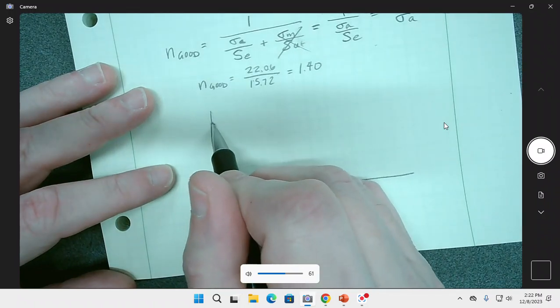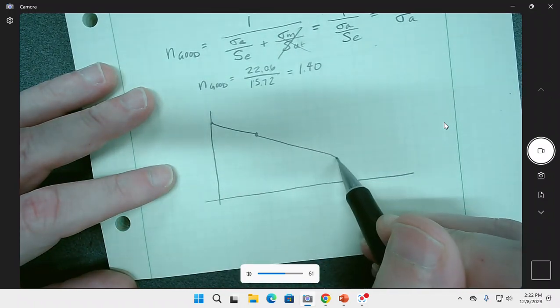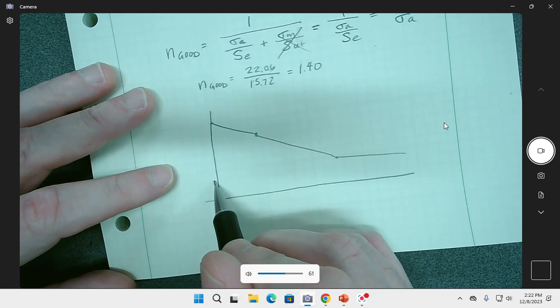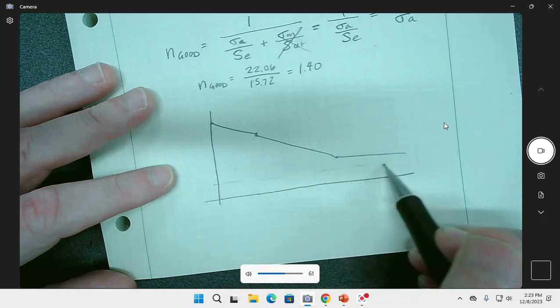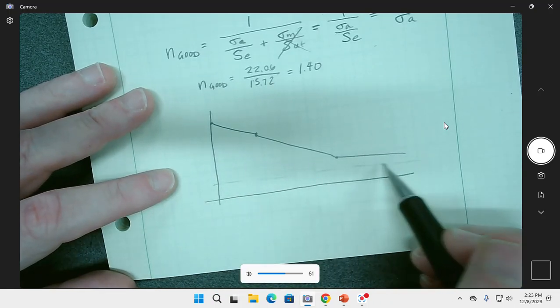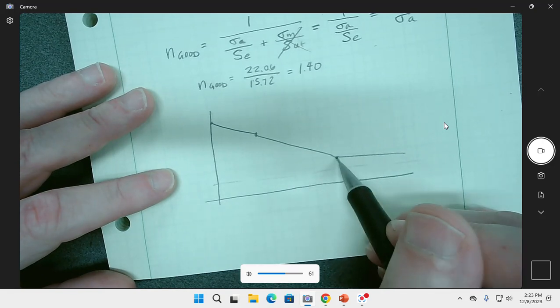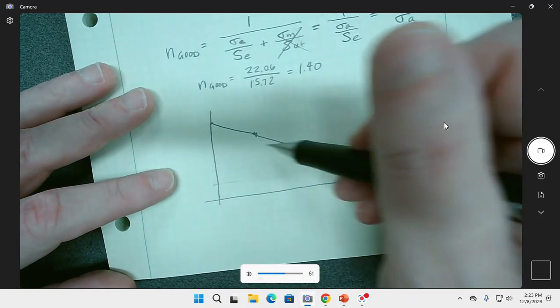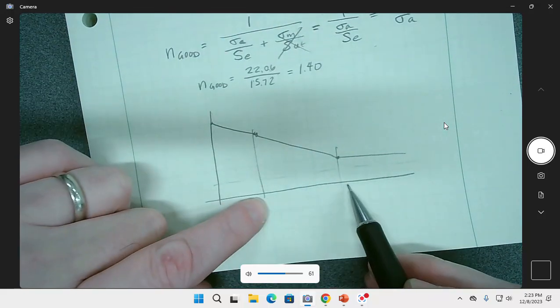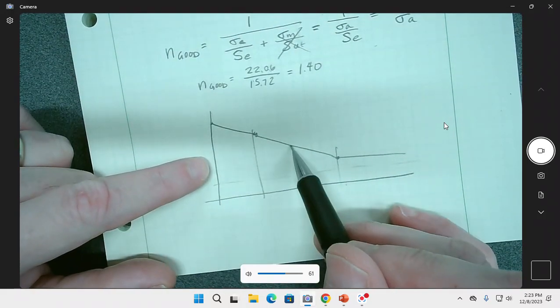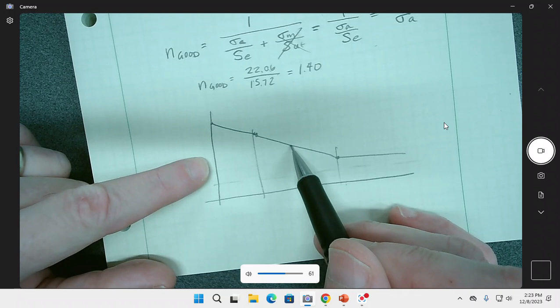Right here, this thing is going to be down here, underneath. It doesn't intersect anywhere in between the 1,000 right here. We need to have a higher one to be able to do the stuff that we usually do.